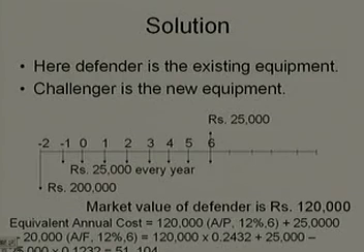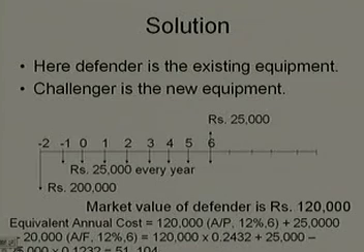Looking at this cash flow diagram, it is very simple to calculate the equivalent annual cost. It would be 120,000, which is the market price at time t equal to 0, multiplied by A given P, because I want to convert this into an annualized value. So, present worth is known, I want to convert to its equivalent annual cost.